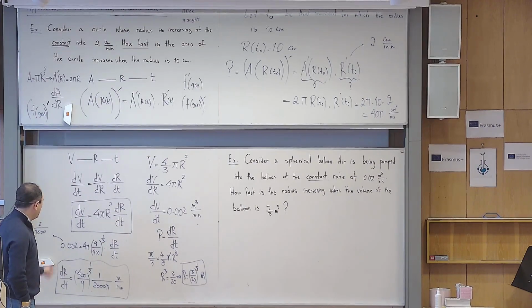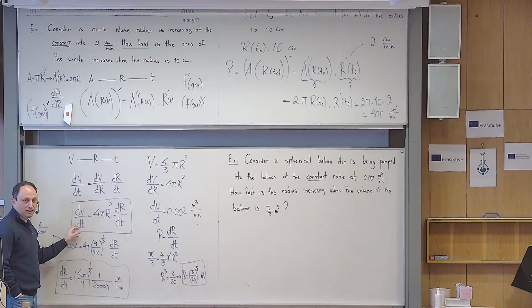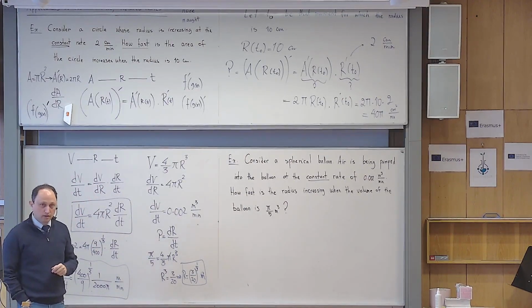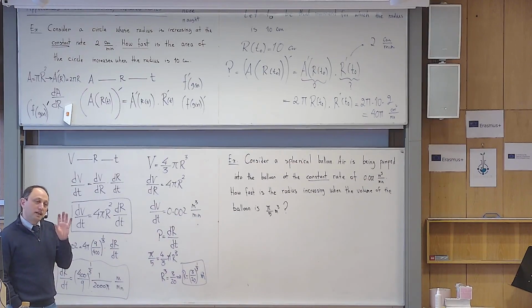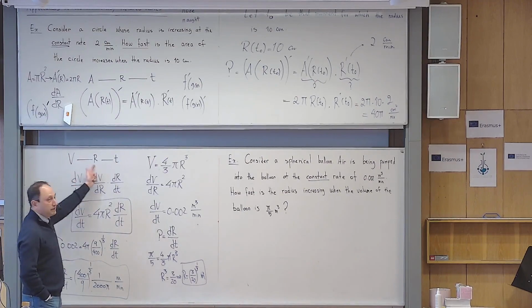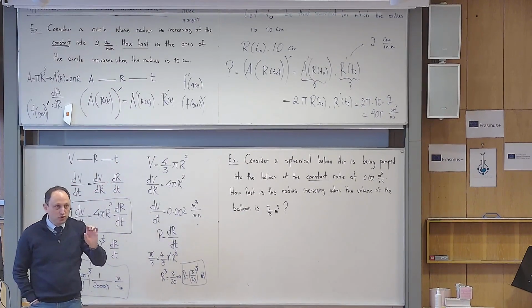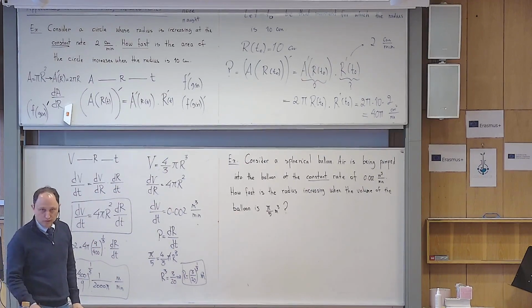Because the question mark is not dR, is not dV/dt. dV/dt is given, the question mark is dR/dt. So if you think it is natural to write R, V, t, yes, it is possible, but you see what is the obstacle in front of you.